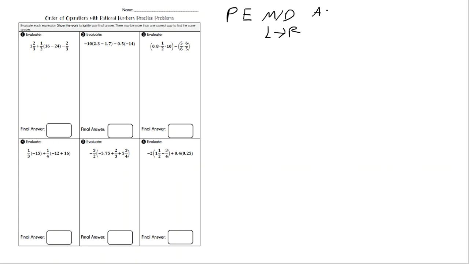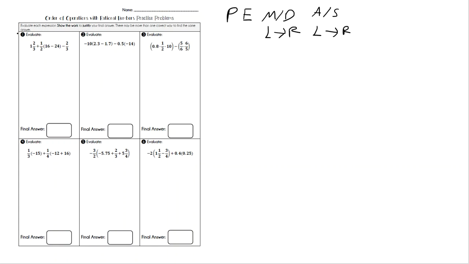Then you do all additions and subtractions, again working left to right. The key thing is that multiplication does not always come before division, and addition does not always come before subtraction. You do whatever is in the problem first.